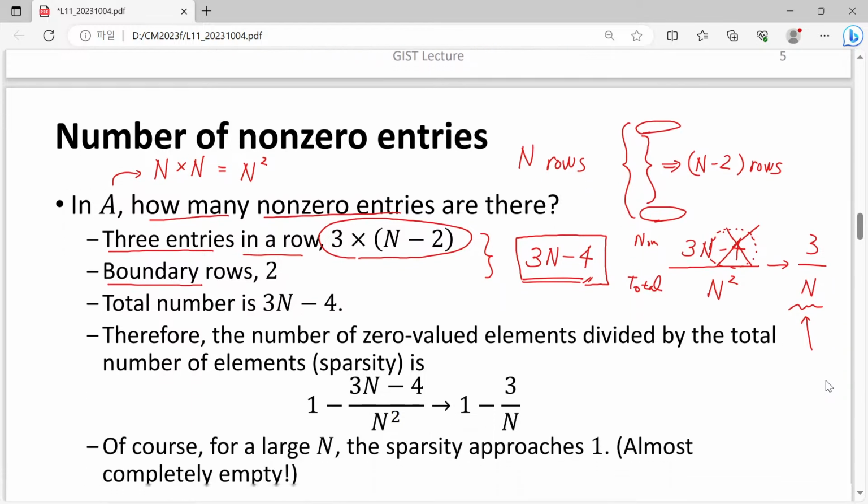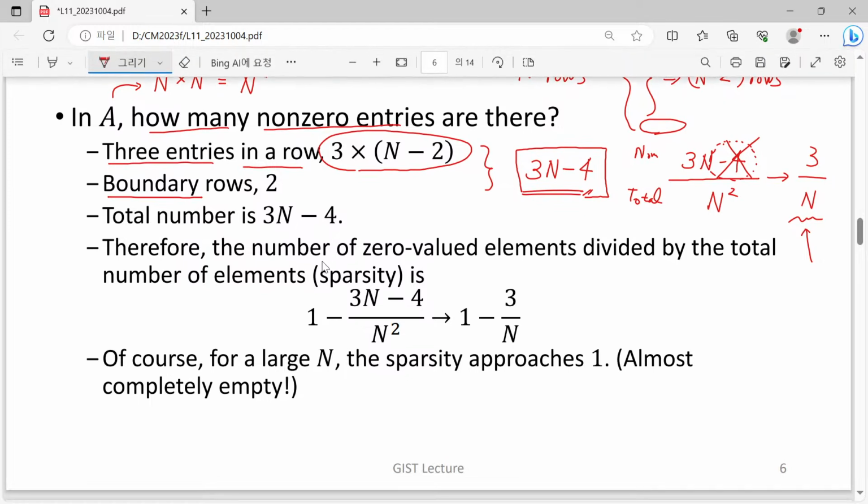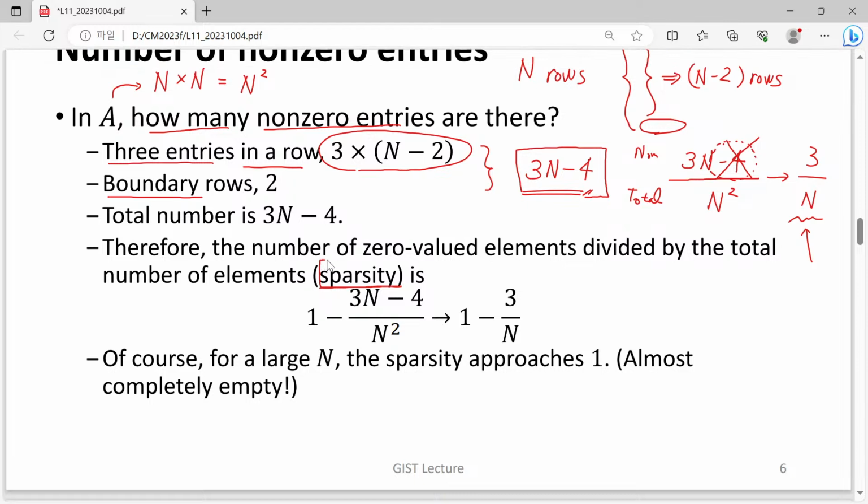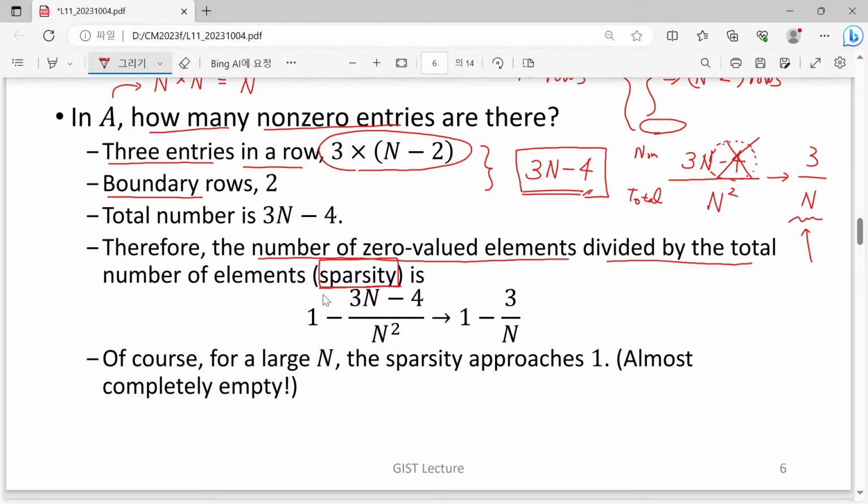So we define a quantity called the sparsity of a matrix: the number of zero-valued elements divided by the total number of elements. We have calculated the ratio of non-zero elements divided by the total number of elements, so this is actually the opposite thing.